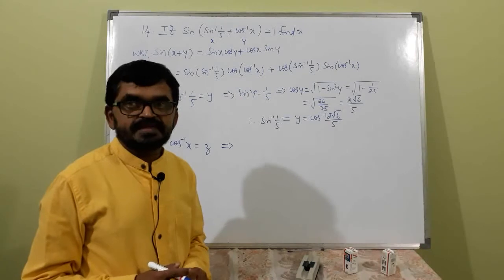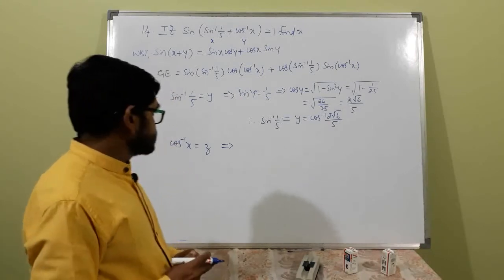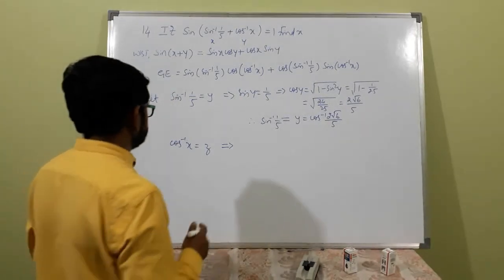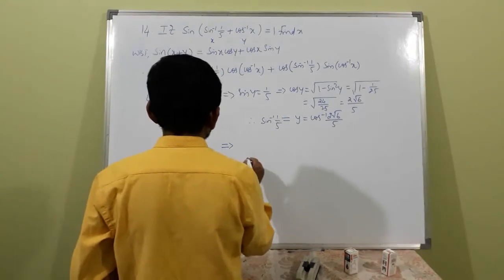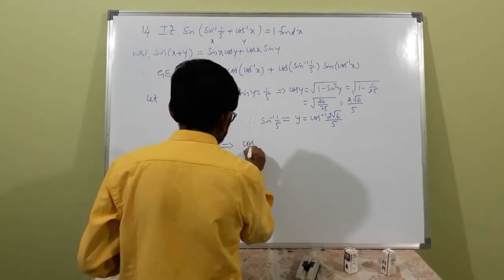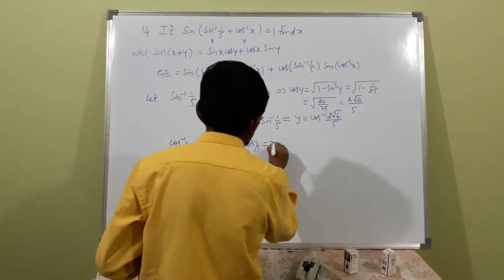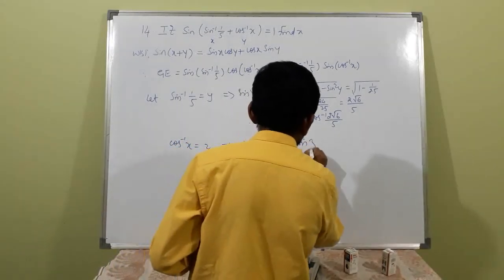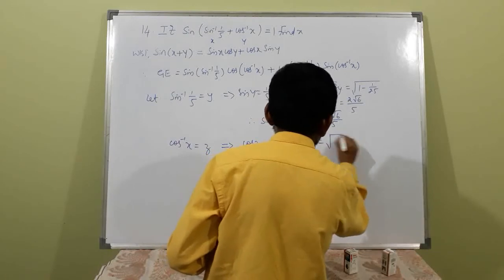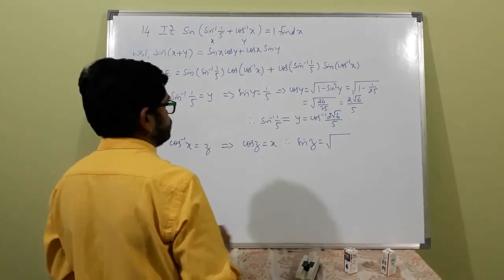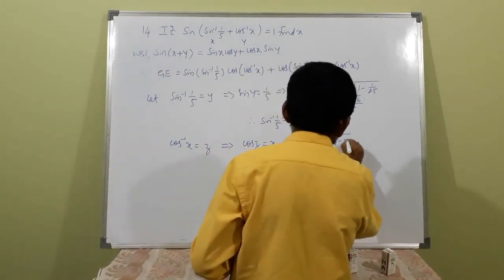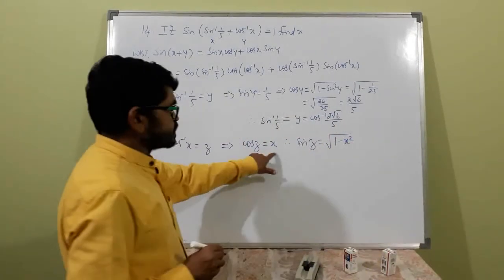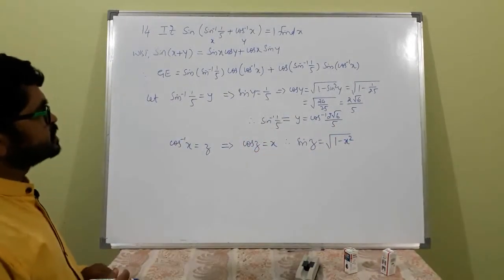Cos inverse x is z. So cos z is equal to x, or sin z is equal to root of 1 minus x squared. Cos z is equal to x means sin z is equal to root of 1 minus x square.